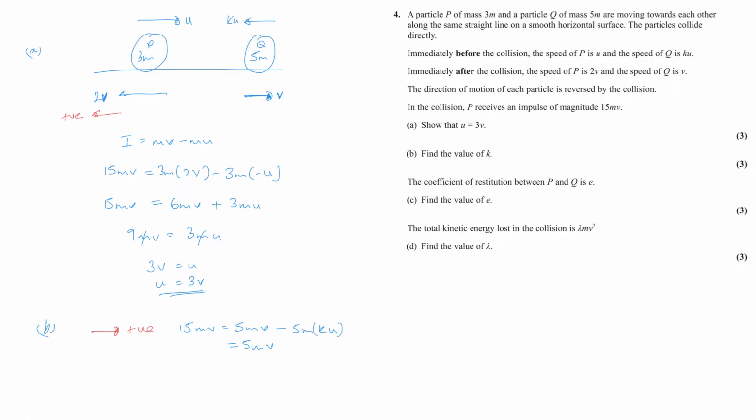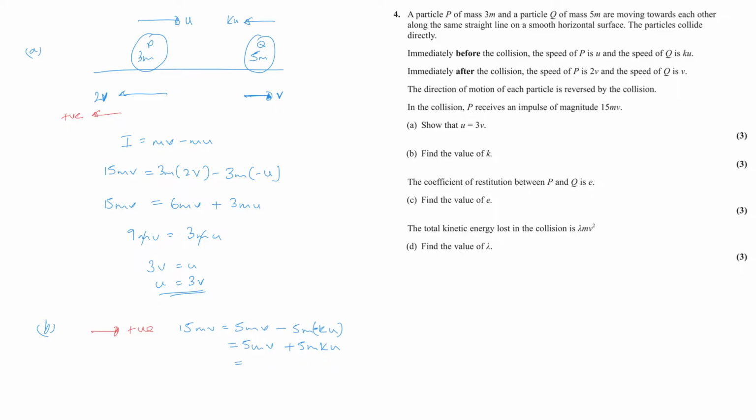So 5mv plus 5mku, u is 3v, so we can just take that to the other side.